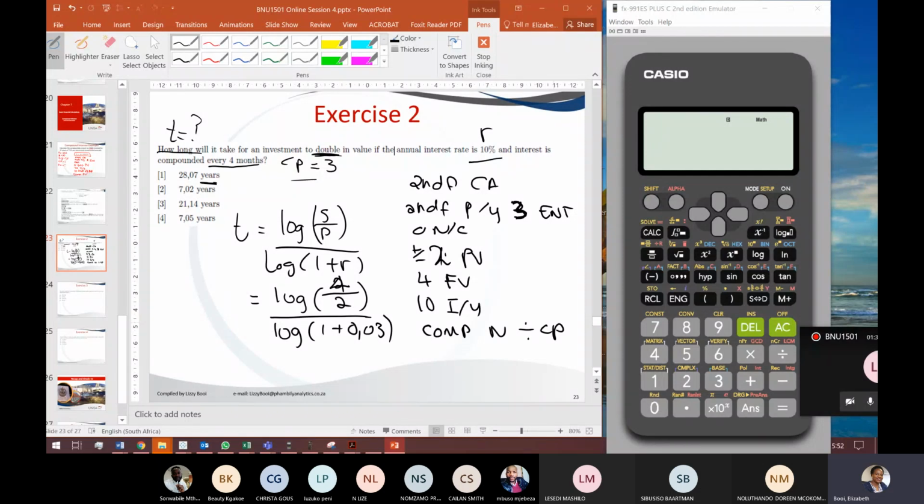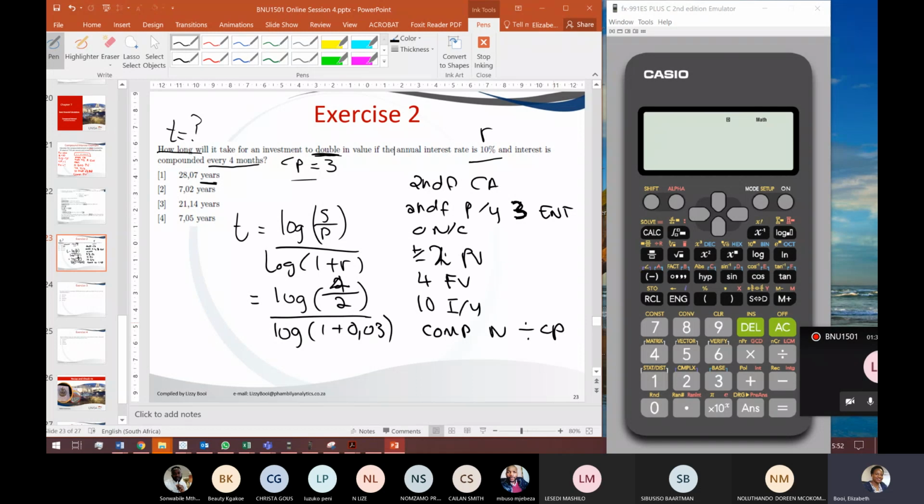So on my calculator, second function CA, second function 3, second function I and Y 3, E and T, on and off, plus or minus 2, that's our present value. 4, that's my future value.